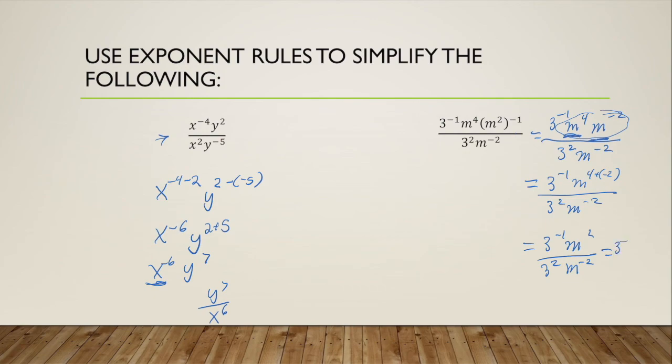So I have 3 to the negative 1 minus 2, m to the 2 minus a negative 2. So that would give me 3 to the negative 3, m to the 4th, because that was a minus a negative 2. And I move my 3 to the bottom, so I have m to the 4th over 3 cubed, which we could write if we wanted to as m to the 4th over 27, because 3 cubed is 27.